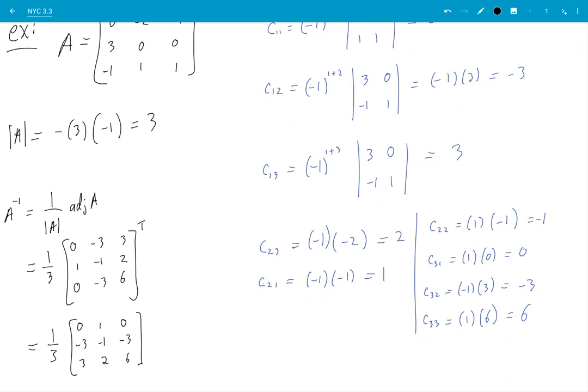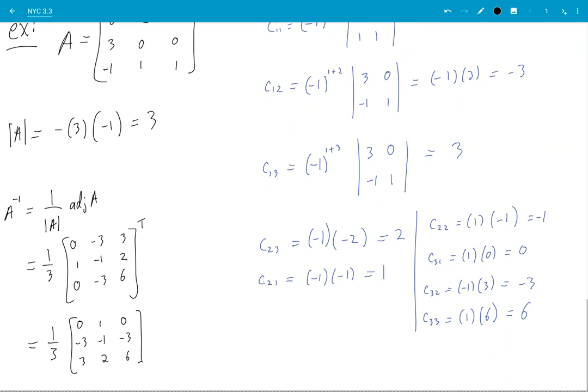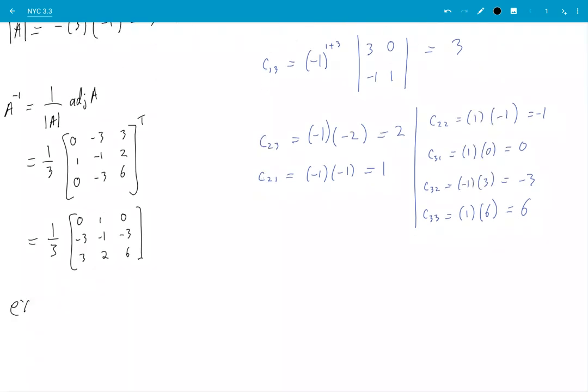All right. So, exercise. Same question, but now A is going to be 2, 1, 3, 1, negative 1, 1, 1, 4, negative 2.